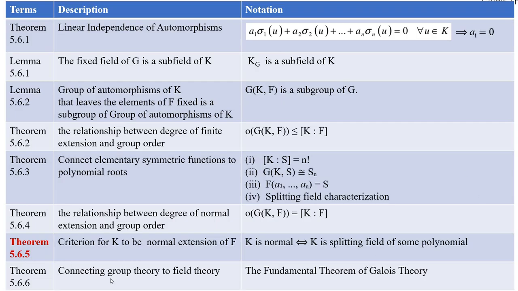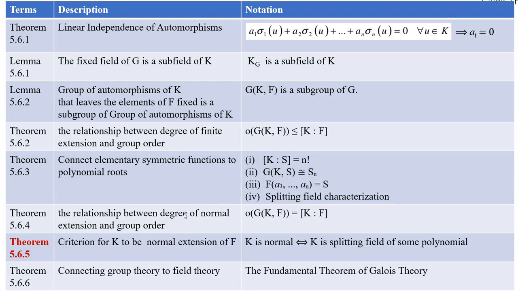Splitting field means normal. K splitting field means K is normal. So that will be established in the fifth theorem. That's section C question. This one is a repeatedly asked question.